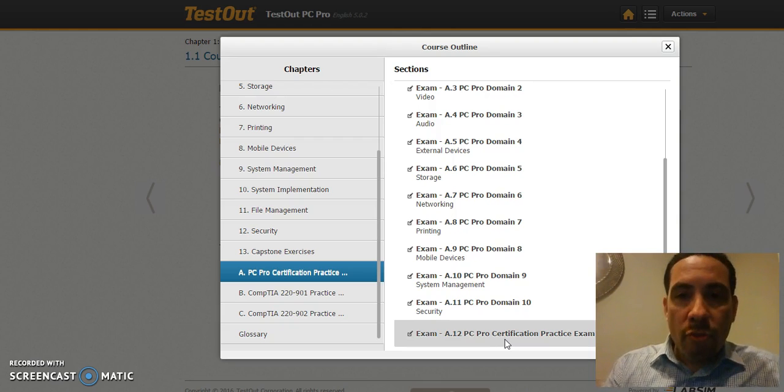While you're going through the domains, I would recommend maybe having a pen and paper handy so that if there are domains that you have questions on, or you're unfamiliar with certain terms or certain simulations and how to go about completing them, you can jot that information down.